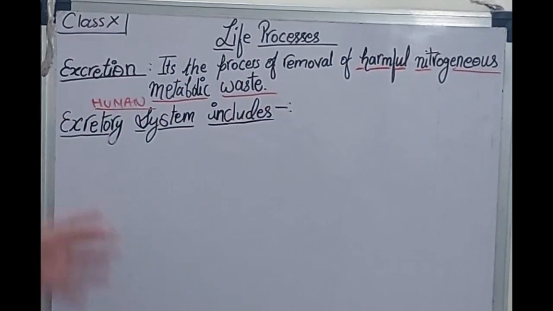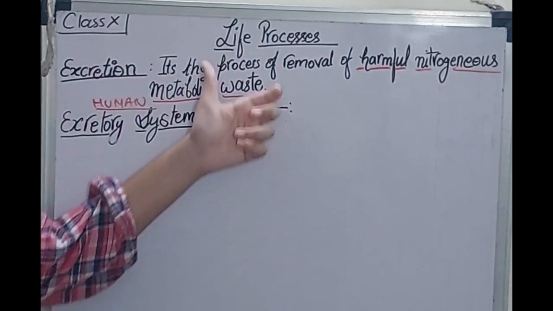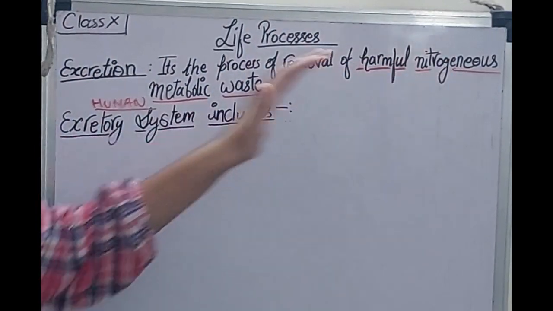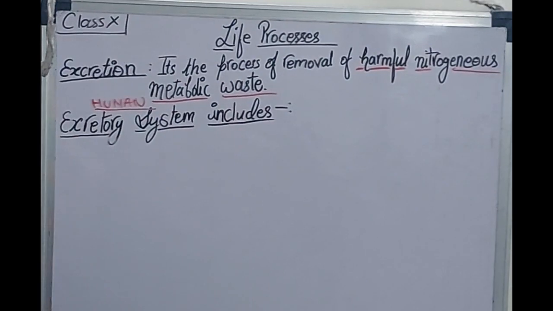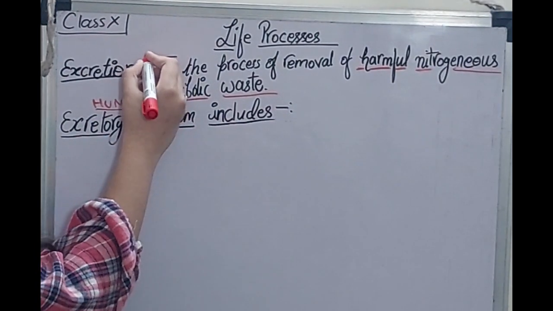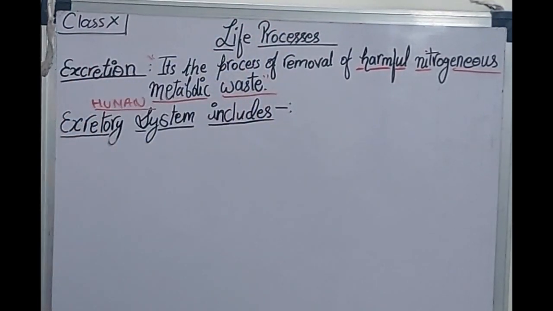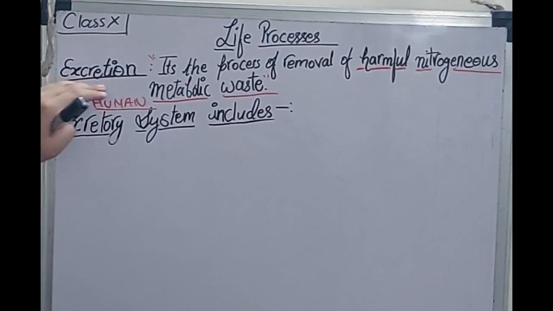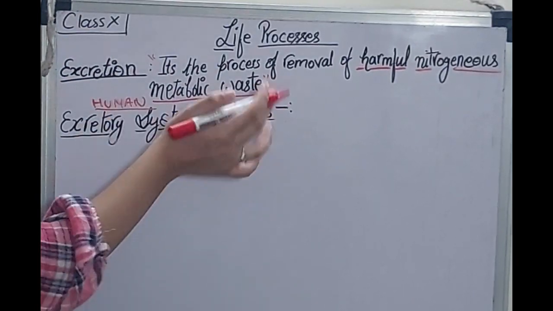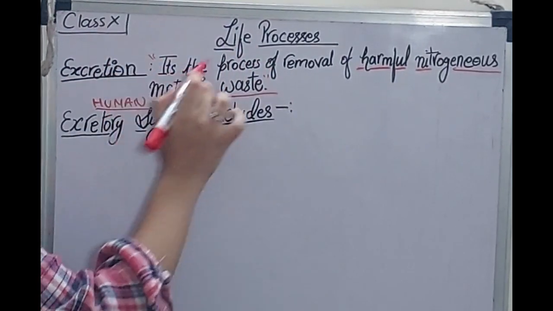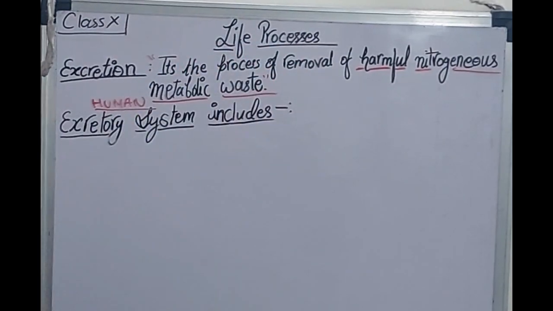That's why we say that excretion is the process of removal of harmful nitrogenous metabolic waste. You don't have to say anything else, just remember this definition and you are done with the definition of excretion. Whether in humans, animals or plants, the definition is going to be the same.